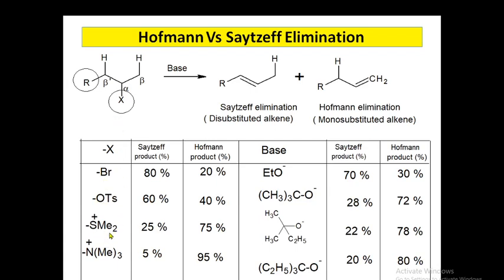If you take the SMe2 group, the bulk increases still further, and therefore the Saytzeff product decreases. Now it's a minor product. So the Hofmann product now becomes the major one.